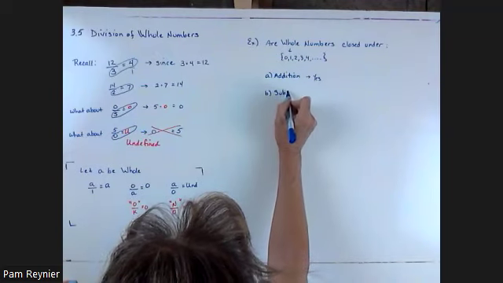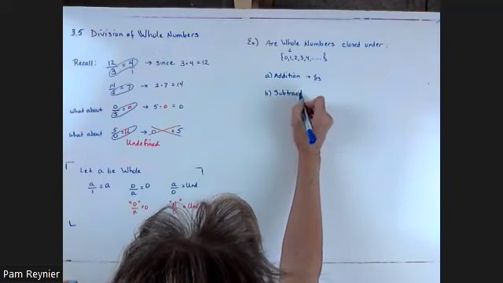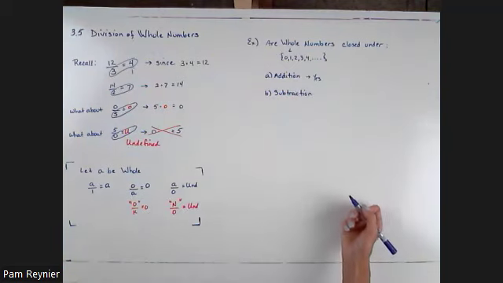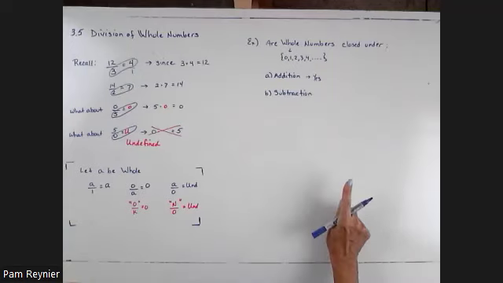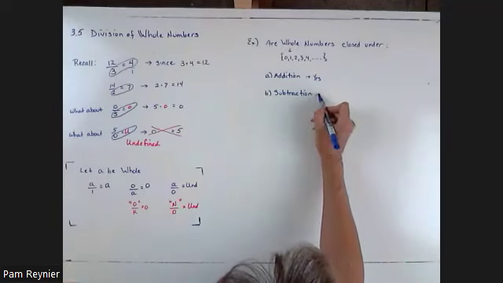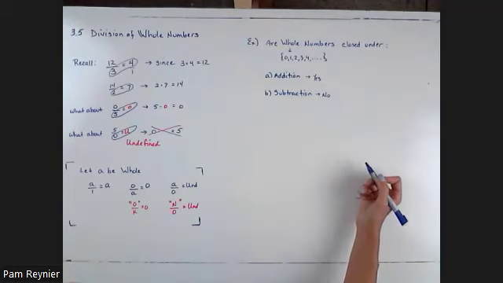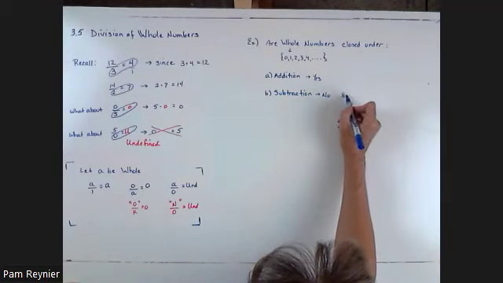Now let's take a look at subtraction. If I take any 2 numbers and subtract them, will the answer be in the set? It only takes one counterexample, one time for it not to work for the entire assumption to fail. So in this case, subtraction is not closed because I can come up with a lot of examples.